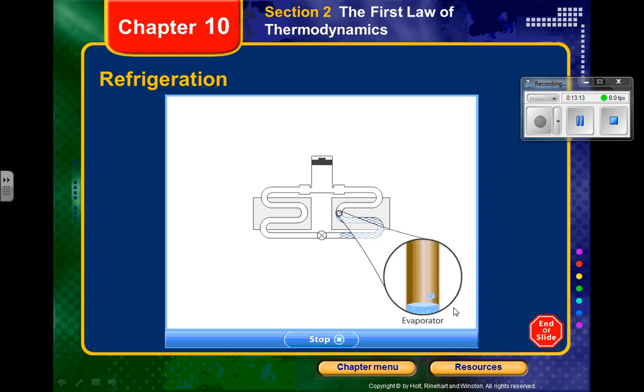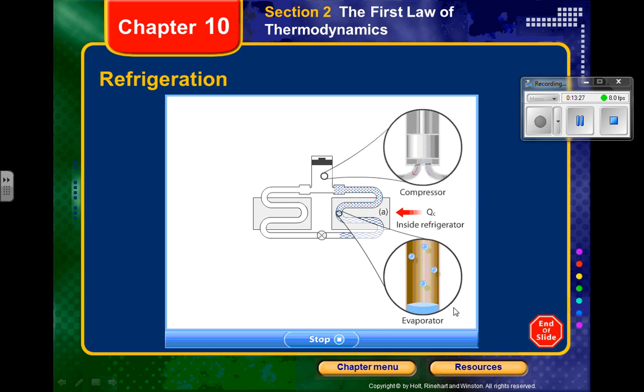The refrigerant absorbs energy as heat from the refrigerator's interior and lowers the temperature of the items in the fridge. The transfer of energy to the refrigerant increases its temperature and causes the refrigerant to boil. By the time it reaches the compressor, it is a gas at moderate temperature and low pressure. The compressor does work on the gas while compressing it.